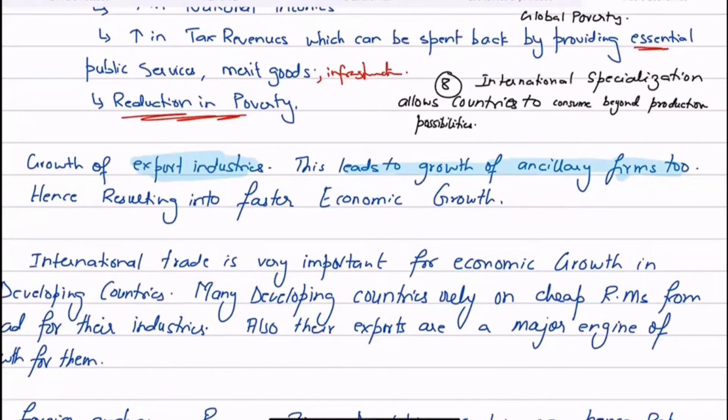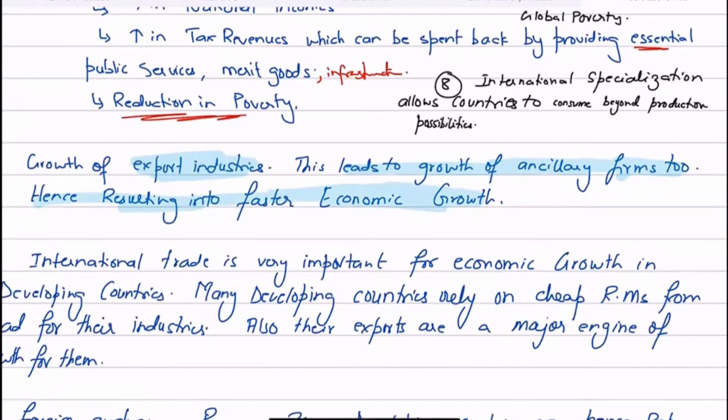Maybe more industries will be set up for manufacturing more fertilizer, more pesticides. So there is growth of ancillary firms because of the growth of a certain industry, and this would result in economic growth at a much faster pace.